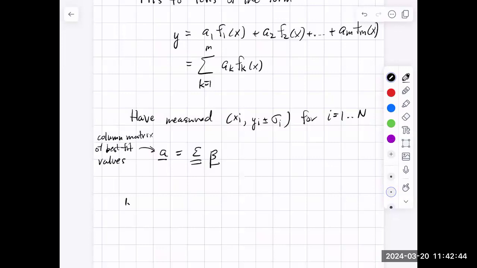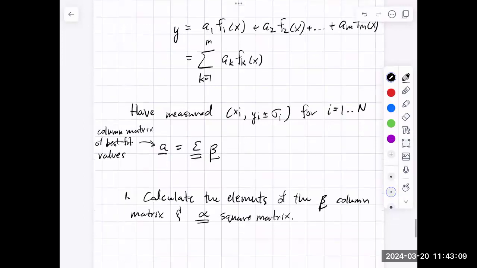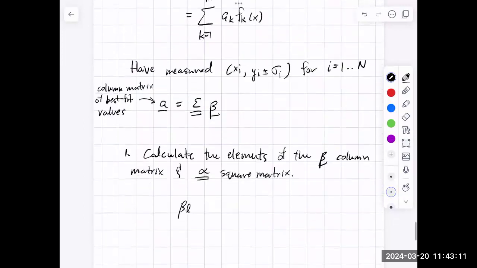So the first thing you do is you calculate the elements of the beta column matrix and alpha square matrix. Okay, and we'll write down how you do those calculations.